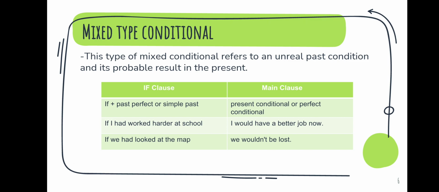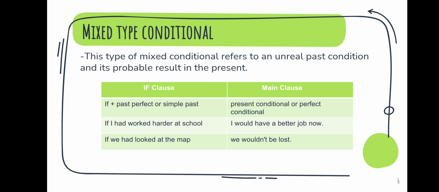In these mixed conditional sentences, you can also use modals in the main clause instead of would to express the degree of certainty, permission, or a recommendation about the outcome.